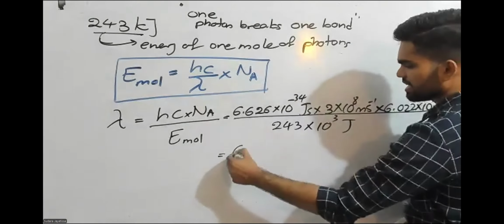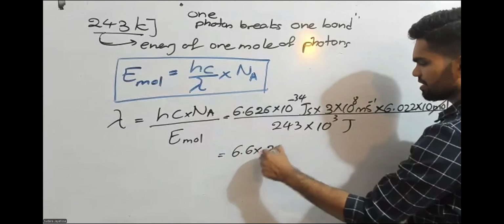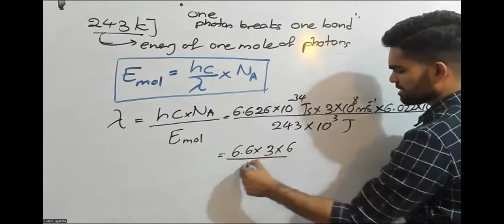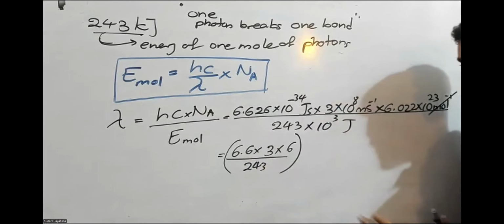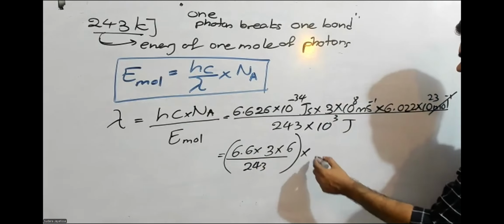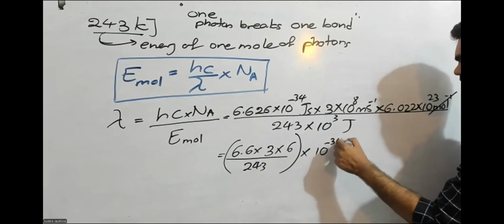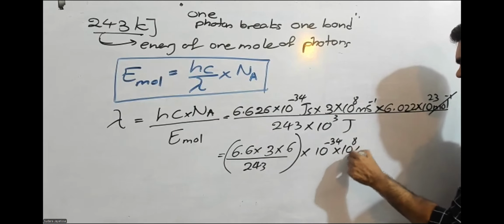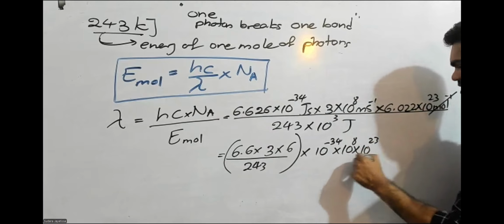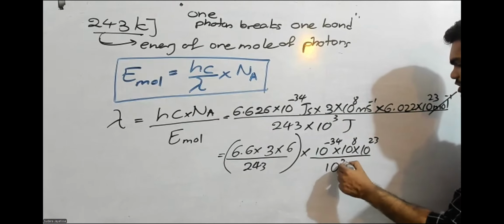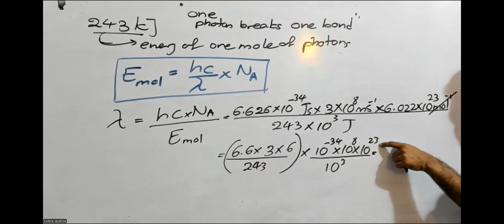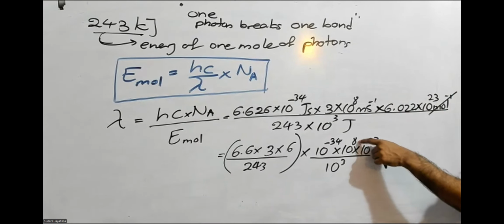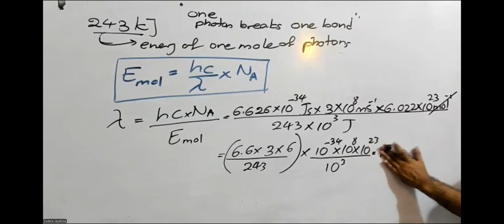So you can separately take this 6.6, 3, and 6. Here 243. Because we are getting some approximate answer here. This is an MCQ. Here 10 to the power minus 34, 10 to the power 8, 23, and here another 10 to the power 3 is there. So you can simplify this one: 10 to the power 20, 28, and 10 to the power minus 6.